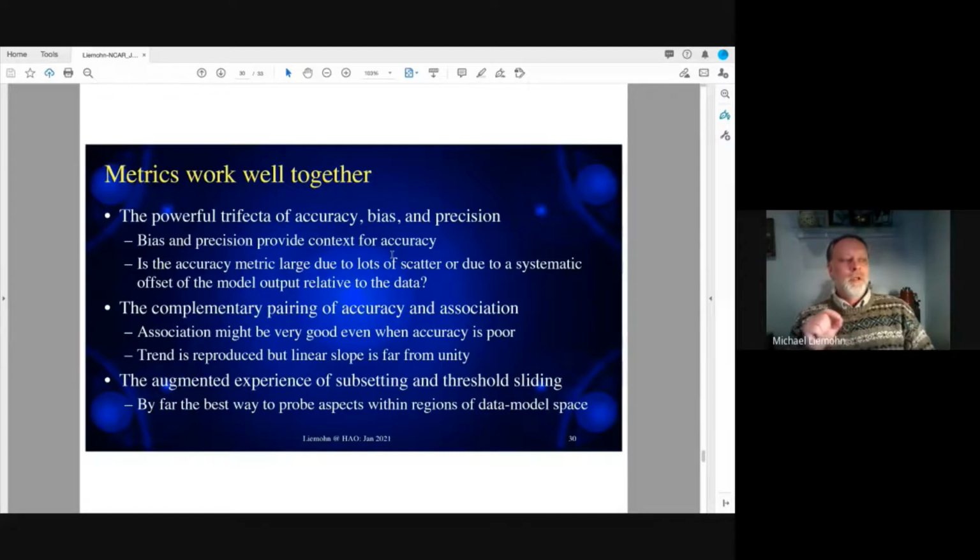So I mentioned the trifecta of accuracy, bias, and precision. Accuracy gives you an overall number, but you don't know why it gave you a bad number. Let's say you got 15. When you do 2 other values, a bias value and a precision value, then the bias can tell you, if the bias is 12 and the precision is 2 on the same unit scales, okay, then I know.